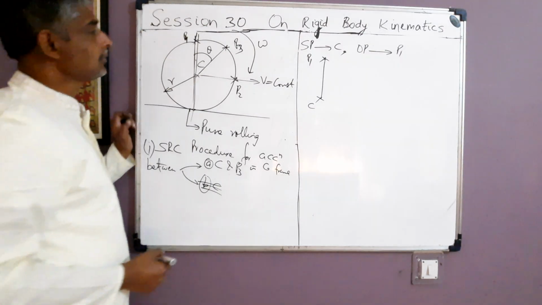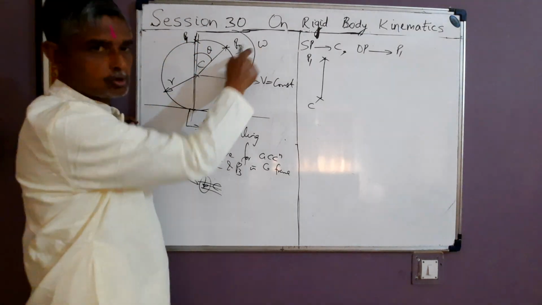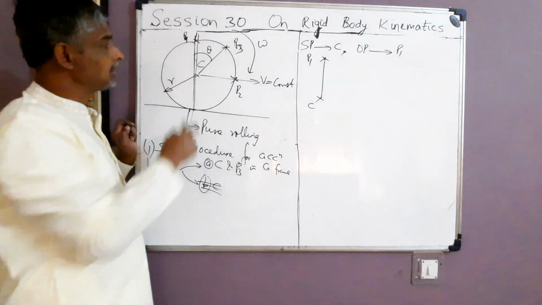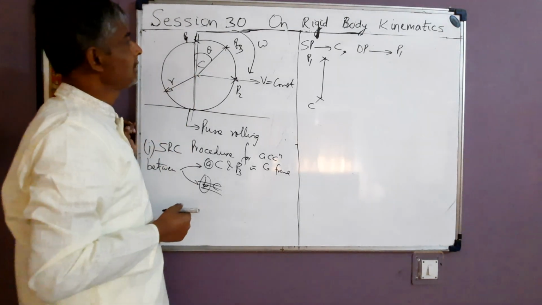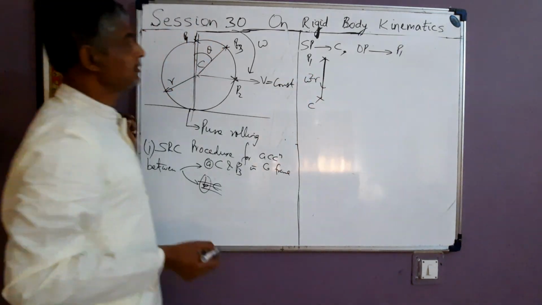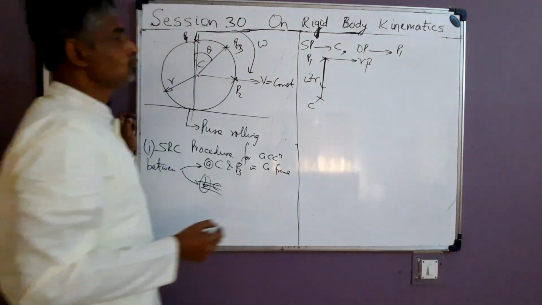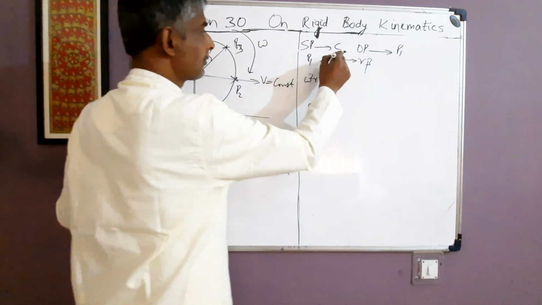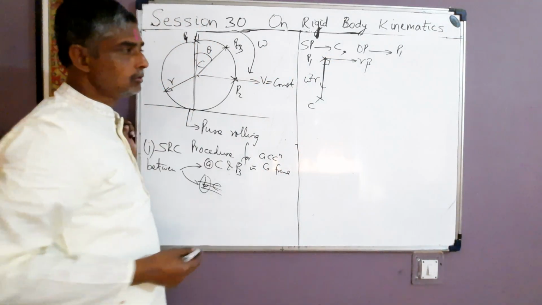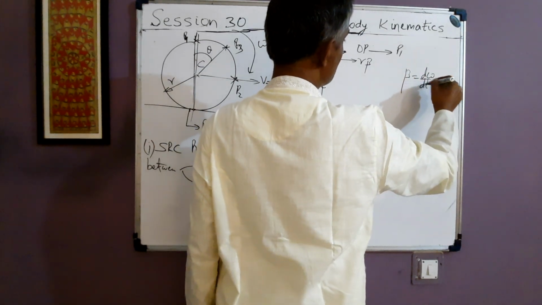Now I write down the sentence. P1 moves in a clockwise circle because omega is clockwise, with center at C and radius R. So I give acceleration omega square R to P1 towards C and R beta to P1 in the rightward direction. Now we must know beta also. Beta is d omega by dt.